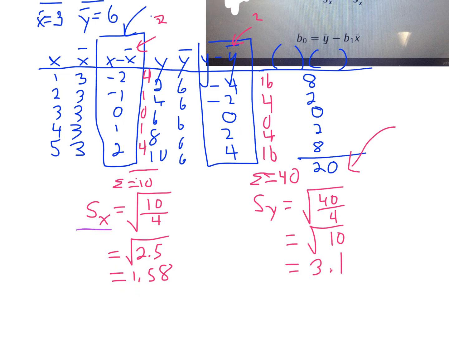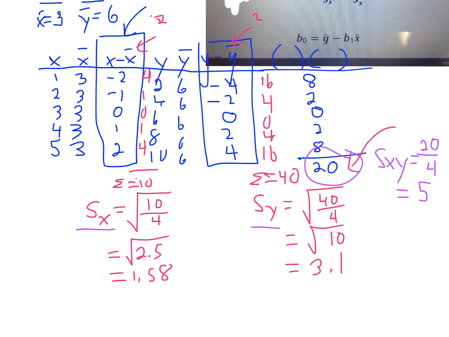Okay, so we have Sx, we have Sy. Let's go back here to where we took the sum of all of these. And what we need to do to get Sxy, the covariance, is to take the 20 and divide it by the 4, and that's going to give us a value of 5.